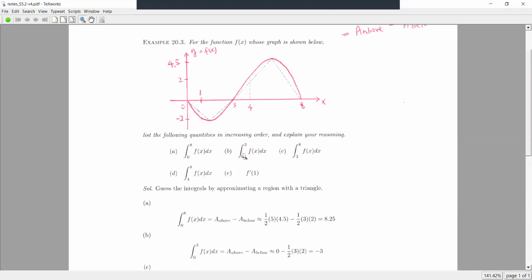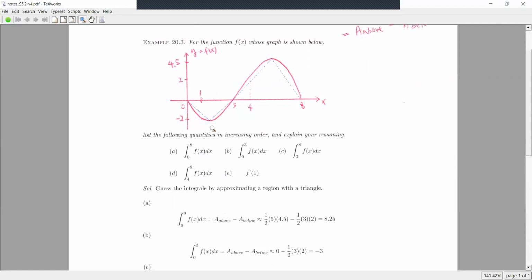Now, the second integral is from 0 to 3. It is the net area of the region between 0 and 3. This region has no part above the x-axis, so A above is 0.